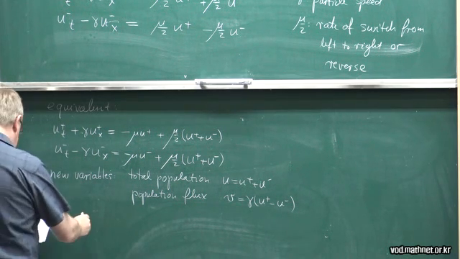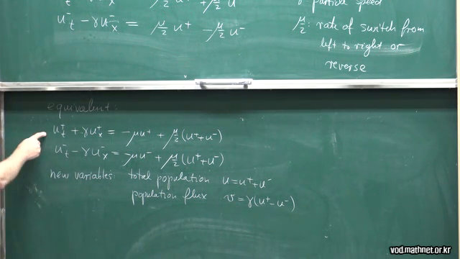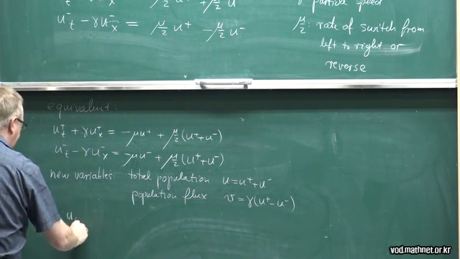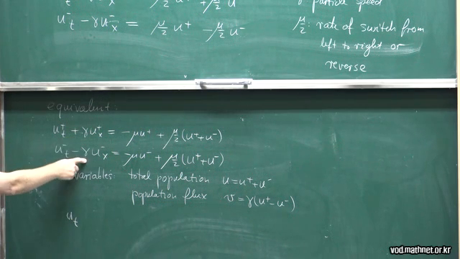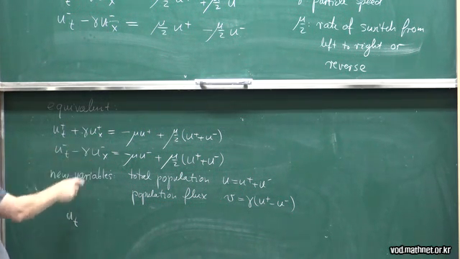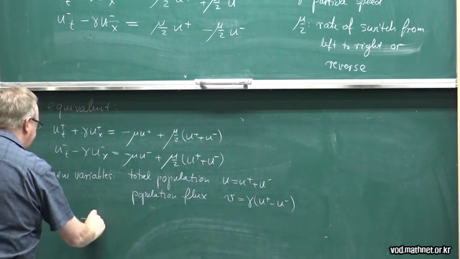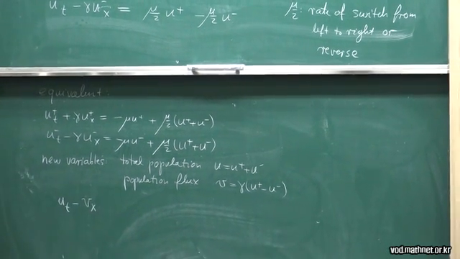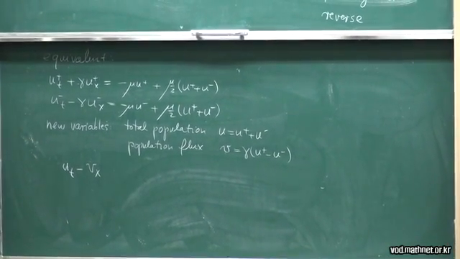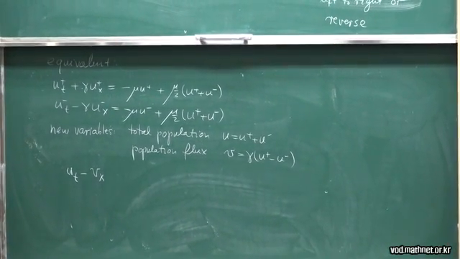Maybe don't waste too much time. So if you add these equations, for example, you get u plus t plus u minus t, which is ut. And then you add this flow term, and you get gamma u plus x minus gamma u minus x. So you have plus vx. And there you see why I smuggle in this factor gamma, so that together it will just be the v.